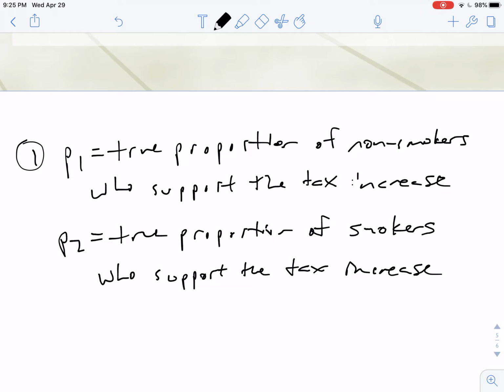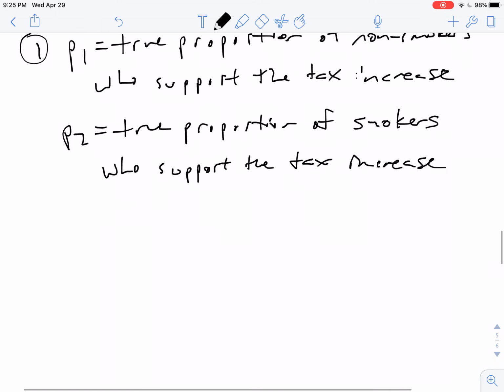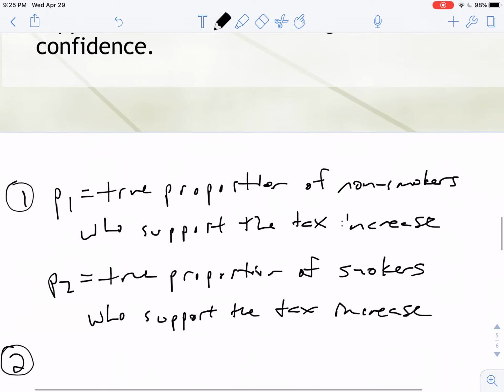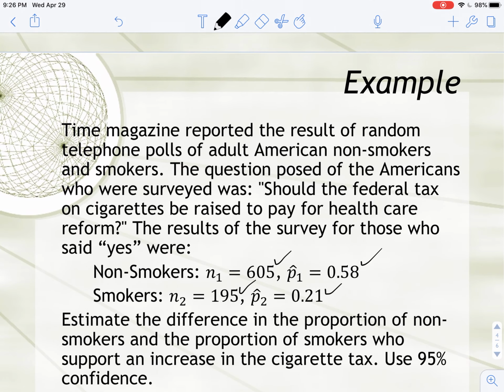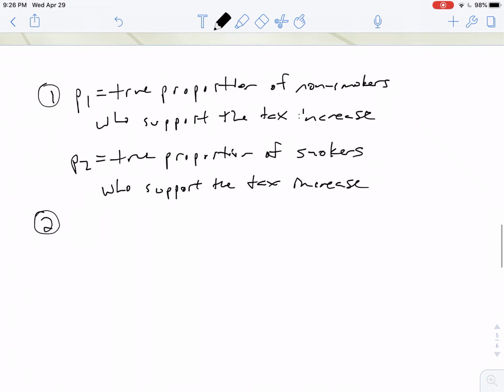So what I'm interested in doing is trying to estimate the difference between these two parameters. All right, so that's step one, just defining your two parameters. All right, step two, now we want to verify our conditions. So remember, we want random samples. So if we look back at the problem prompt, it does say it reported the result of random telephone polls. So that will meet that condition.